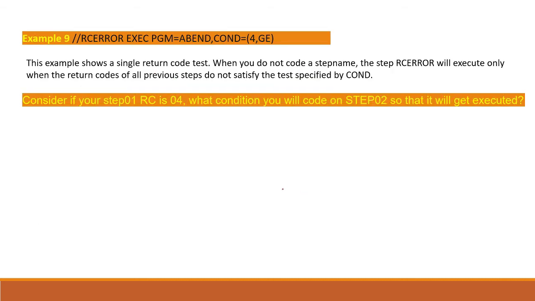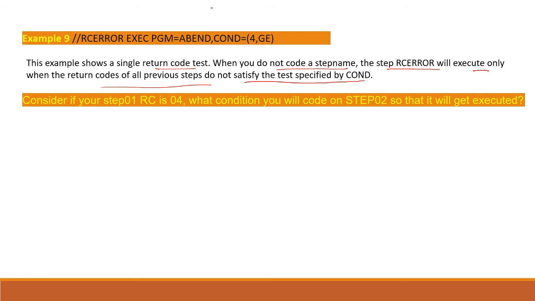Like we have example 9, COND=(4,GE). This example shows a single return code test. When you do not code a step name, the step RC error will execute only when the return codes of all the previous steps do not satisfy the test specified by COND.